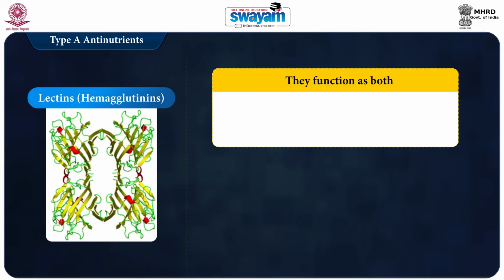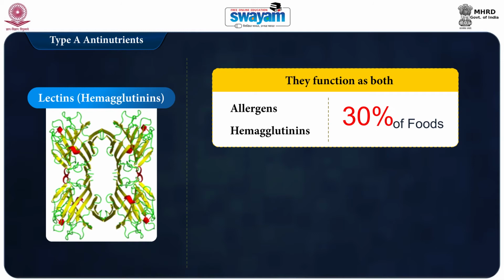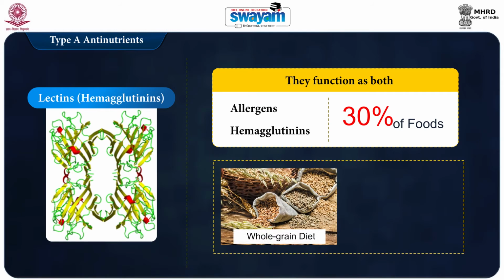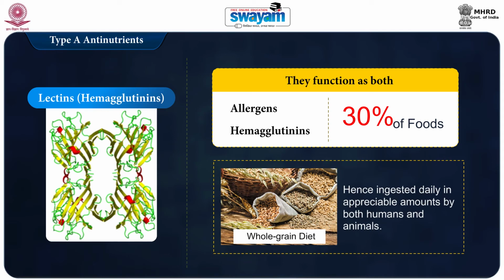They function as both allergens as well as hemagglutinins and are present in small amounts in 30% of foods, more so in a whole grain diet, and hence ingested daily in appreciable amounts by both humans and animals.